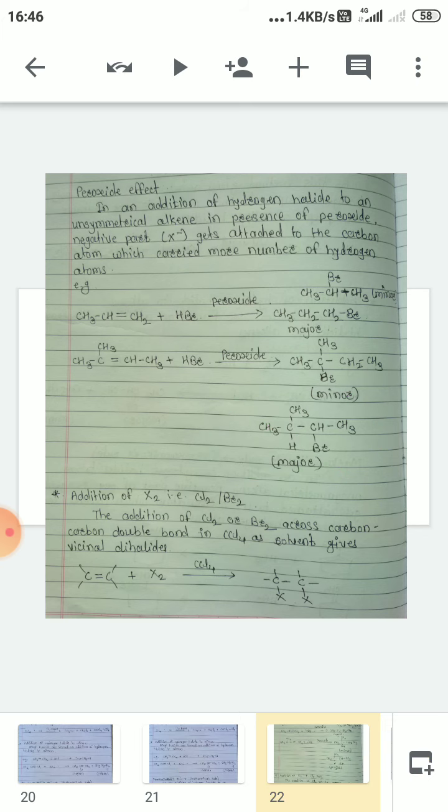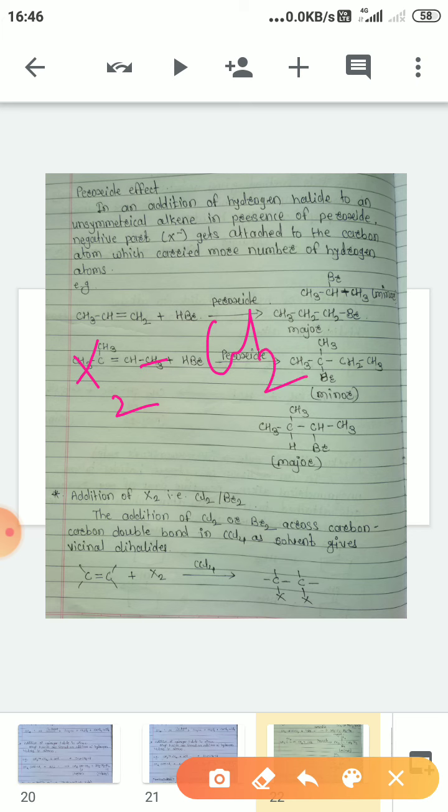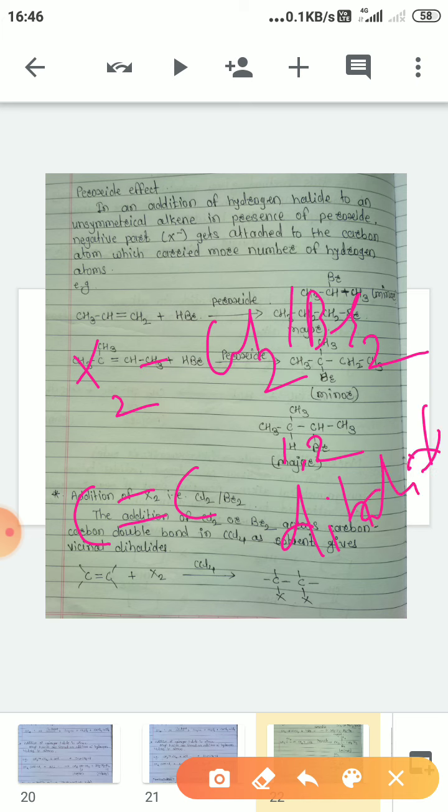Now one more method is there to prepare alkyl halides, that is, addition of halogen across a carbon-carbon double bond. If we consider X2, that is Cl2 or Br2, across a carbon-carbon double bond, we will get 1,2-dihalides, or we can say vicinal dihalides.